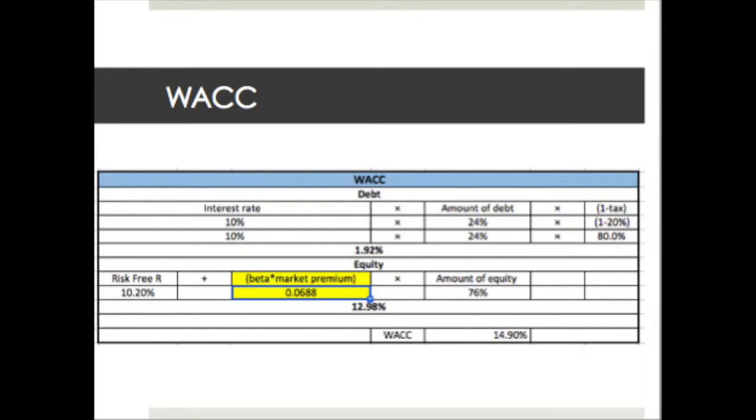Beta times market premium will equal 0.0688, times amount of equity, which is 76%. It will add up to 12.98%. By adding the debt part to the equity part, we will end up with a WACC of 14.90%.